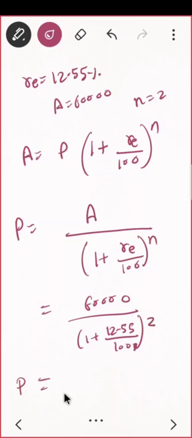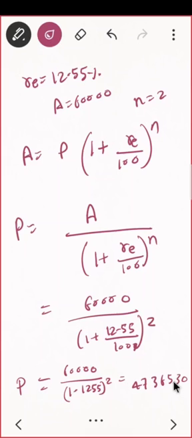So calculate the value of P. It will be 60,000 divided by 1.1255 the whole square. What do you get? 47,365.30. Anybody else with the same answer?